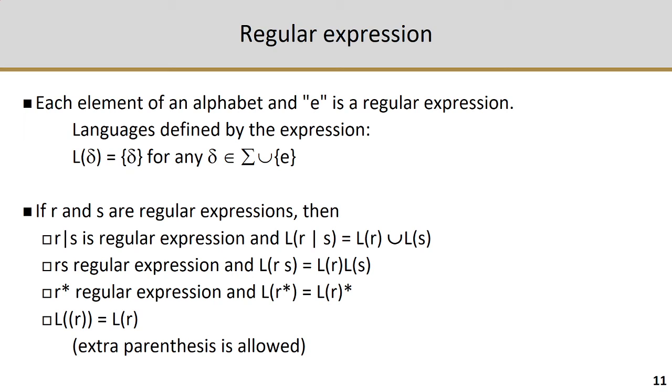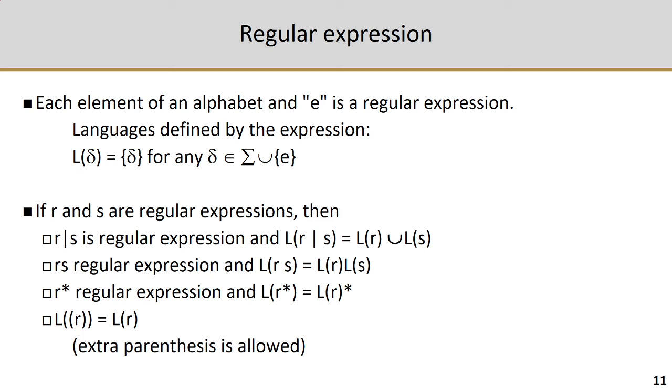Okay, defining regular expressions less formally than in the theory of computation: mainly, any symbol from the alphabet and also the empty string can be represented in a regular expression.